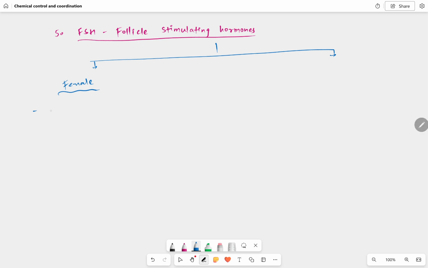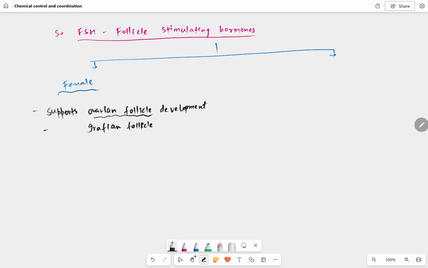So FSH supports ovarian follicle development, or we can say Graafian follicle development.